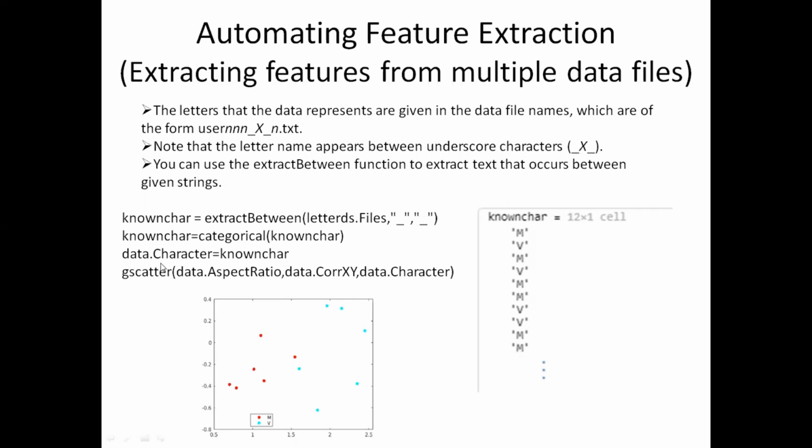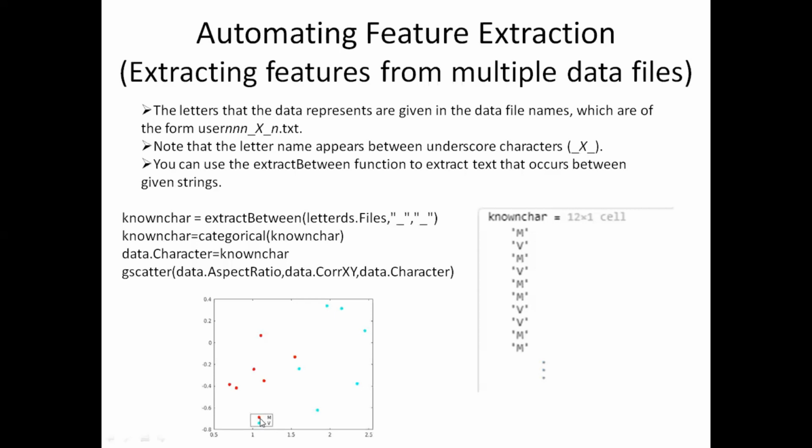Before that, just to visualize the data, we are plotting a gscatter plot. I'm plotting aspect ratio versus correlation in the data. Along with that, I'm passing a third argument, data.Character, that will determine the color of the data points.